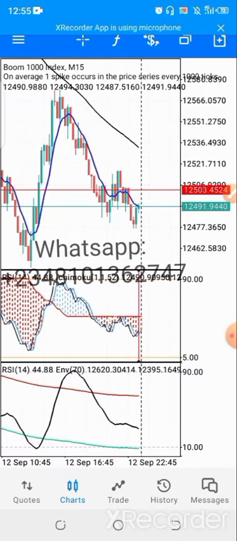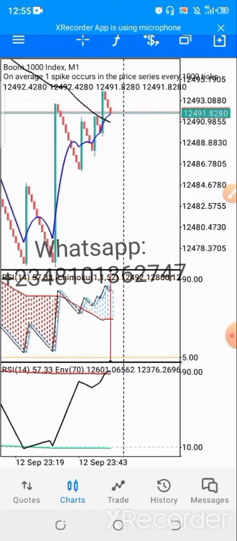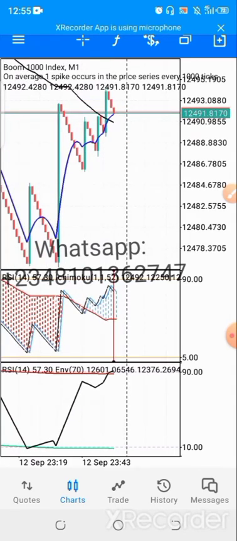So this is how to just use the price action, and this is how to enter for the best trade using the strategy that I shared before. That is how to take the best trade, so that you won't be a victim of market reversal.